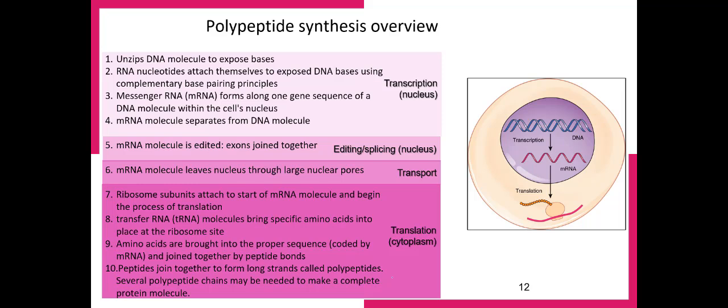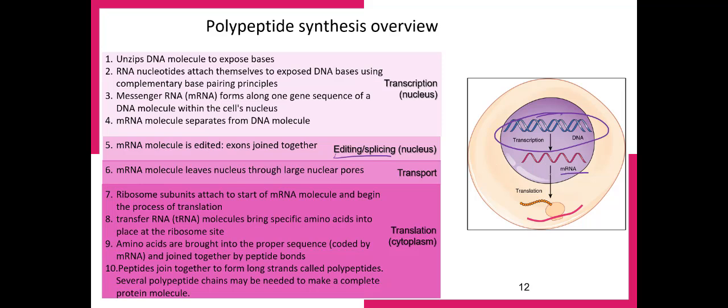So when we look at the overview, the synthesis of polypeptides starts in the nucleus with transcription, where DNA is transcribed into a messenger RNA. Then you've got the editing or splicing of the messenger RNA into its final form.